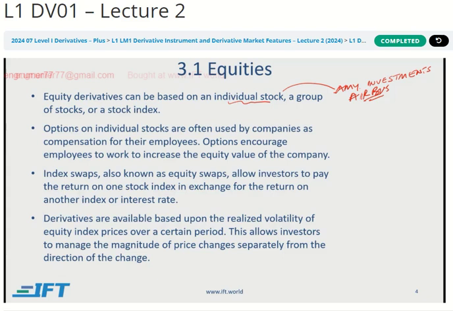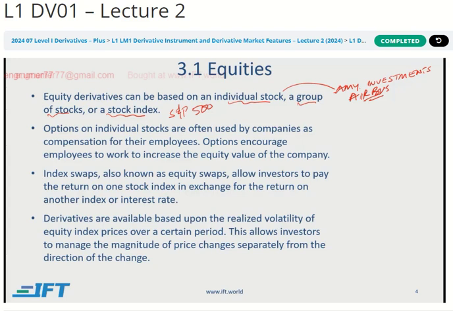And that's one individual stock, right? The same situation can be there for a group of stocks or something which is called an index, which is like a combination. So one of the most popular indices is the S&P 500, right? Which is a combination of 500 different stocks.